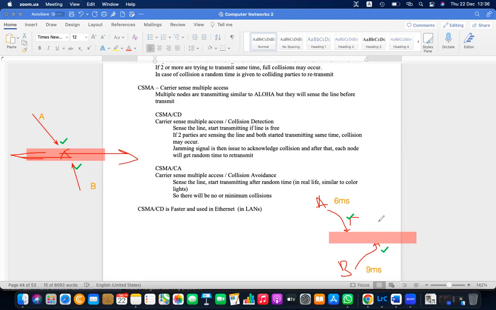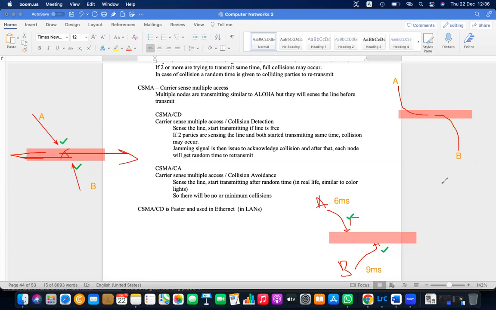This is CSMA/CA. After a collision, it will wait a random time, right? In Aloha, so what about Aloha? Aloha line is here, A is here, B is here. A will come and start communicating, and B will come and start communicating, without sensing the line.